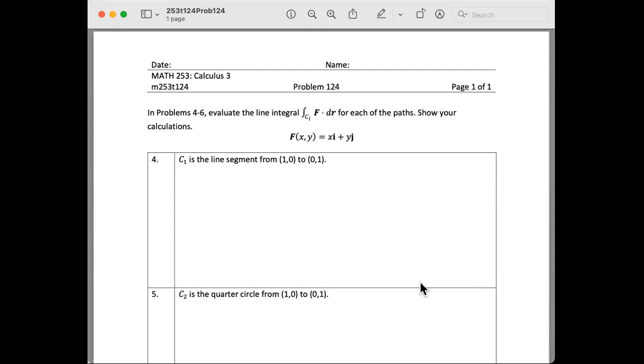So let's take a look at what we're going to get for our line integrals. We evaluate the vector field at xi plus yj. Our first parameterization for C1 will go from 0 to 1. F evaluated at all these points will look like xi plus yj. So x is (1 minus t)i plus t times j.